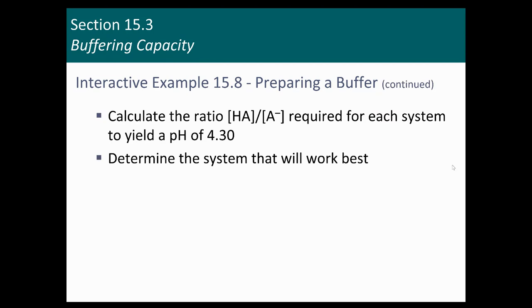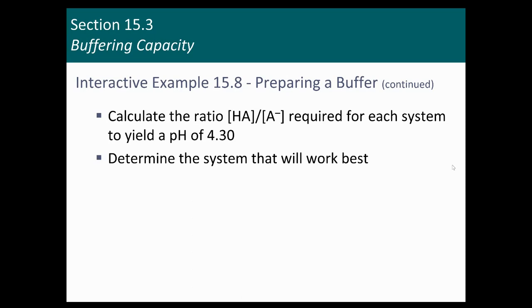Okay, the second part of the question that they asked was to calculate the ratio of HA over A minus required for each system to yield a pH of 4.30. We already determined which system was going to work the best.